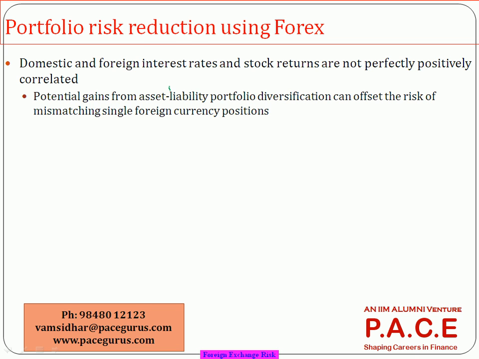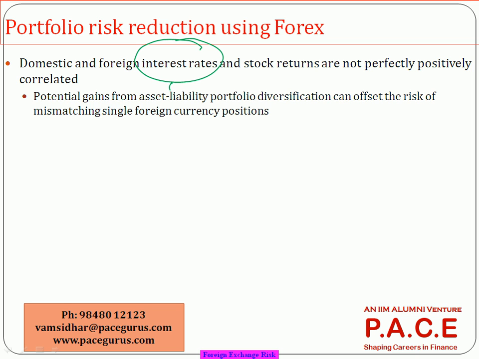See, the interest rates in the domestic market and the foreign market need not move in the same direction. Indian interest rates may go up, but US interest rates may come down, or vice versa can happen. Similarly, the Indian stock market may go up, whereas the US stock market may fall also.